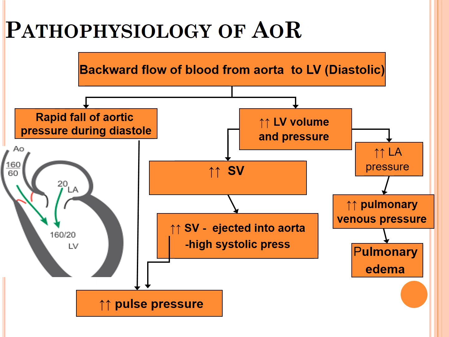Due to the increased left atrial pressure, pulmonary venous pressure will increase, leading to pulmonary edema and heart failure. And on this side, due to the increased left ventricular volume, there is an increase in the stroke volume. Increased stroke volume will be ejected into the aorta, so there is a high systolic pressure, and on the aortic side there is a low diastolic pressure. So this will lead to wide pulse pressure.